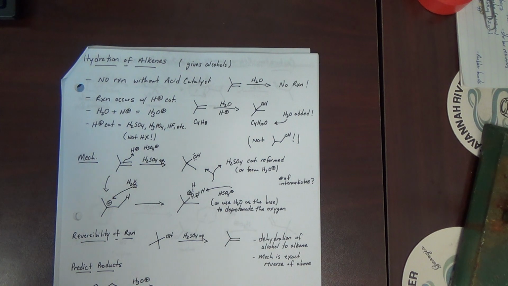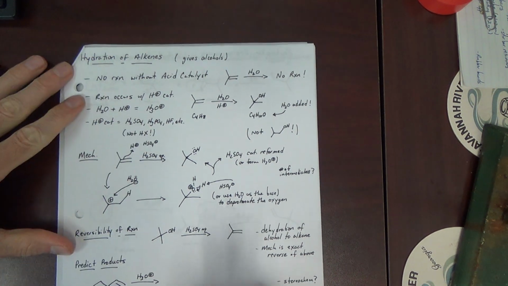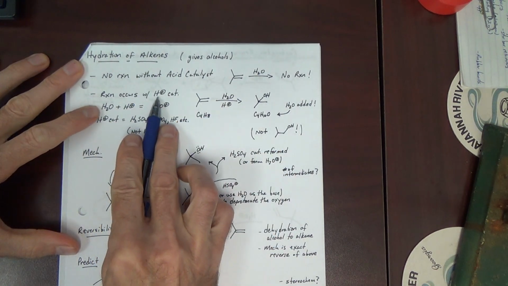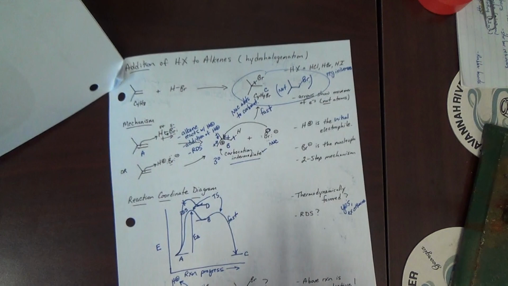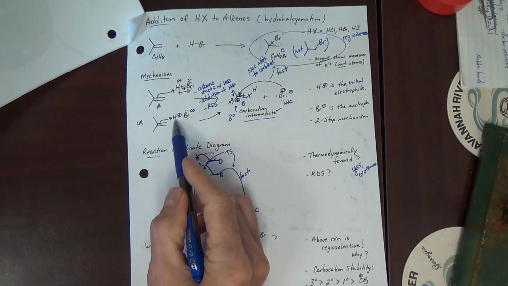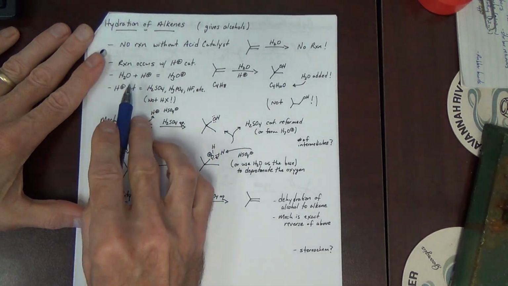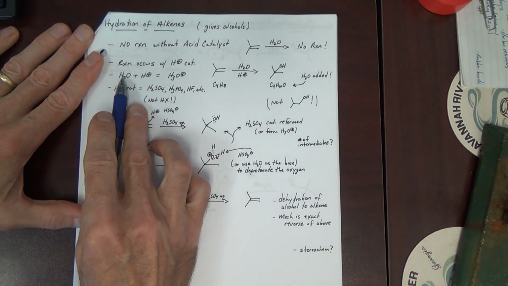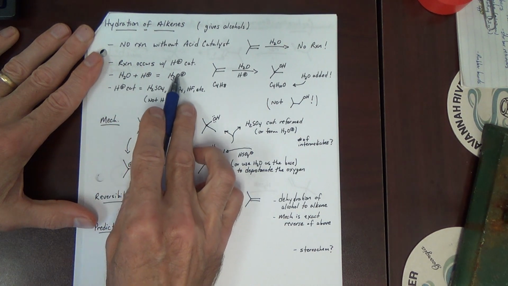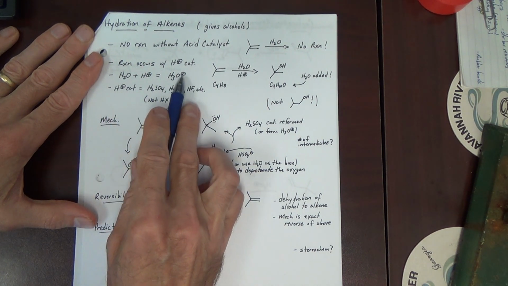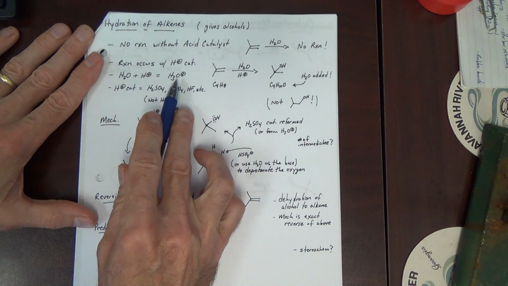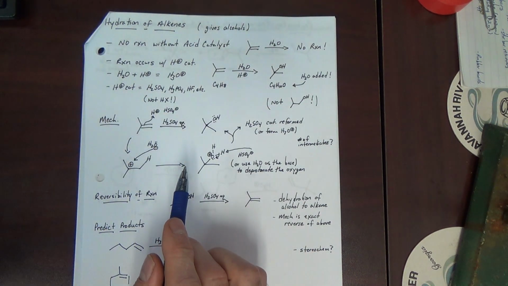Now, if you start getting acid rain, we could start maybe having a problem, because the alkene will react with H+. We showed that over here. The alkene reacting with H+. Now, if we have H+ in water, which, by the way, if you combine those, we have H3O+, we can get a reaction.